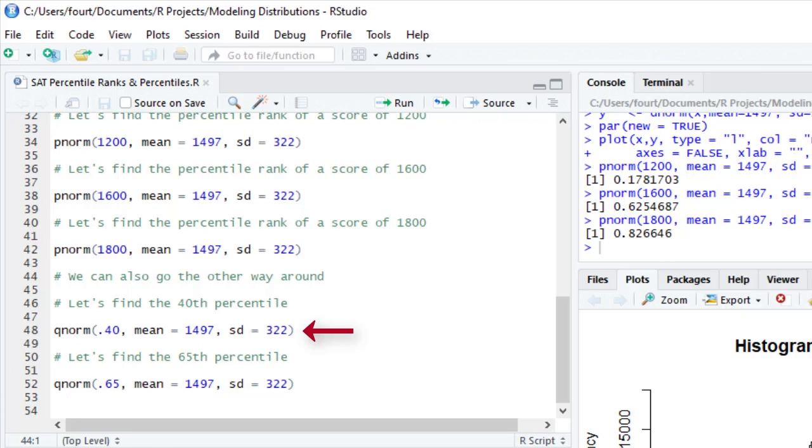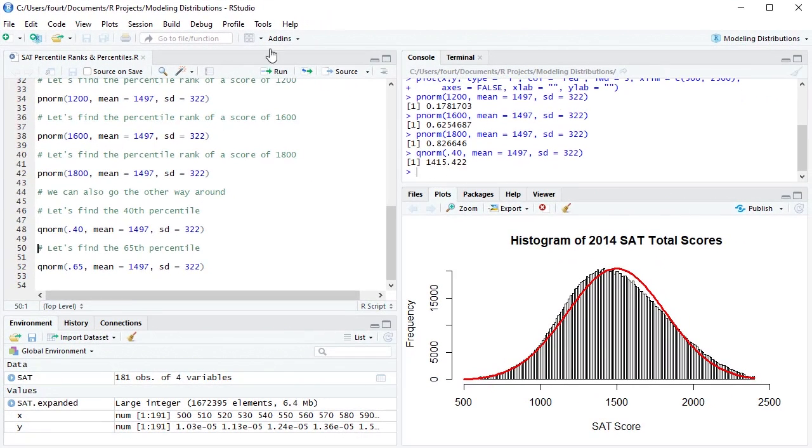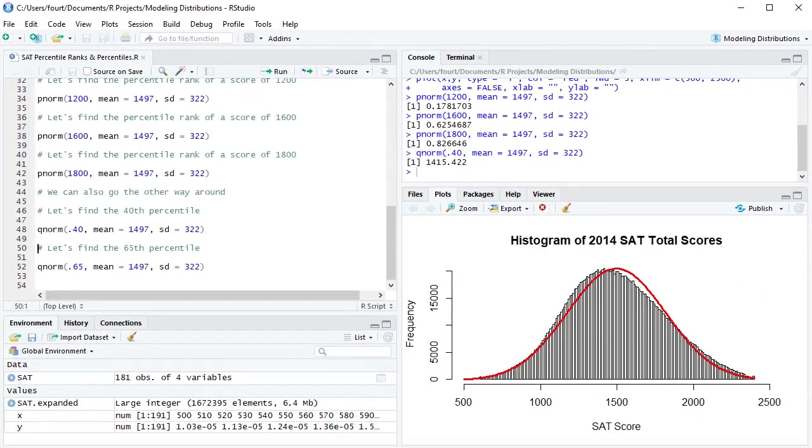The remaining 2 parameters are the mean and standard deviation of the normal distribution. When we run this, we get a score of 1415. The 40th percentile on this distribution of SAT scores is 1415.